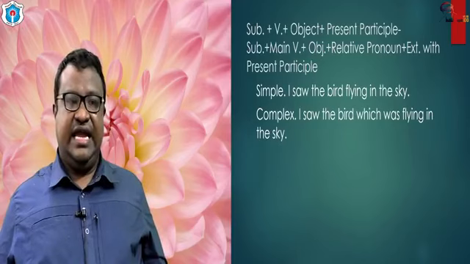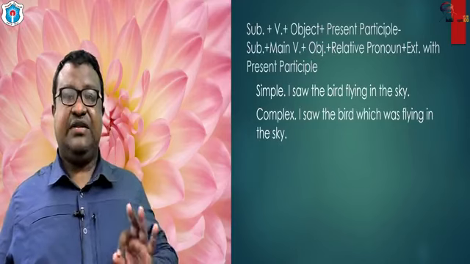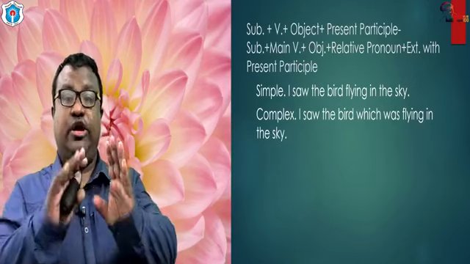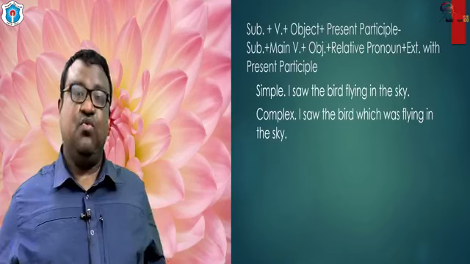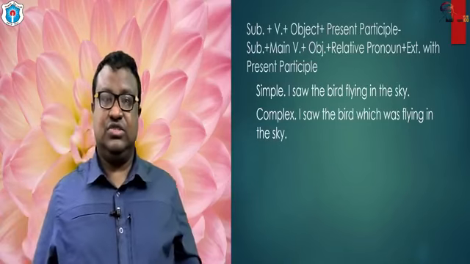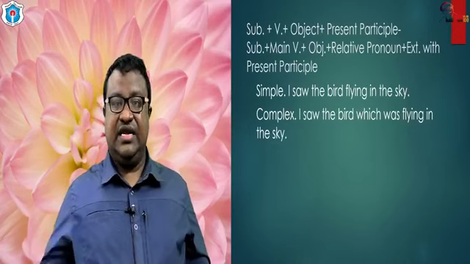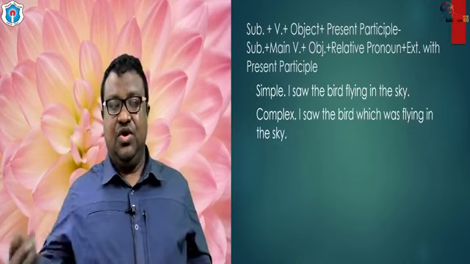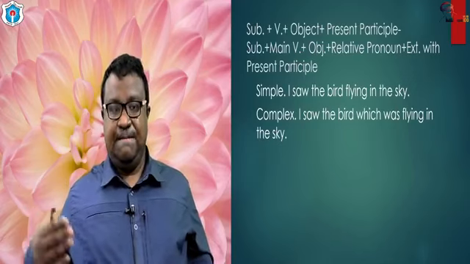there will be an extension with the present participle, and it will be in continuous tense because it is with the present participle. When we are using a present participle, then we will use the continuous tense. When we are using a past participle, then we will use the simple past tense.